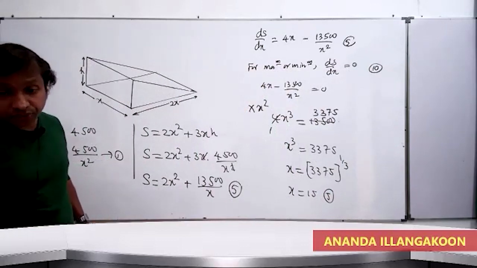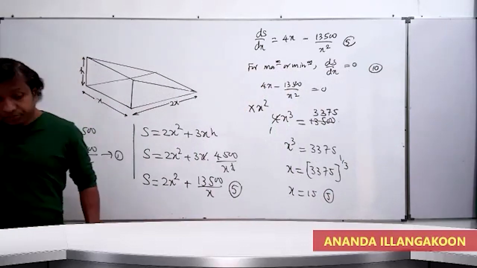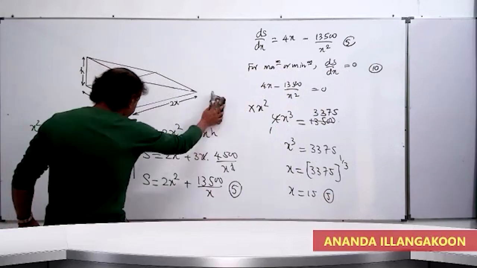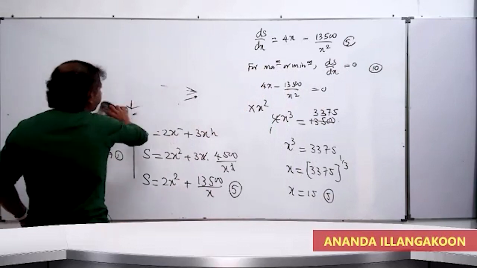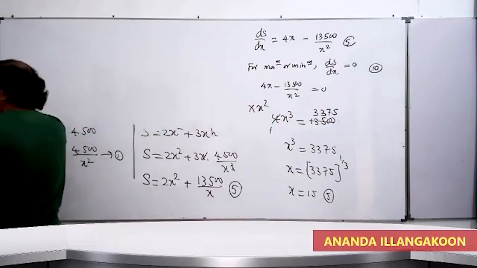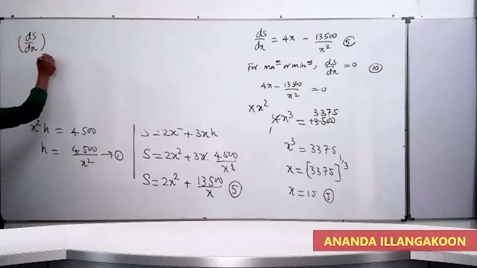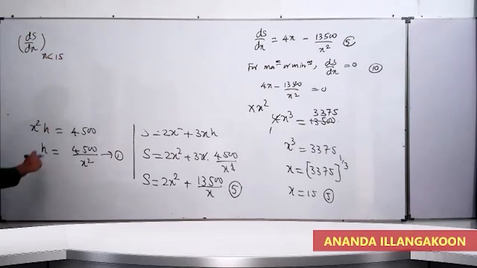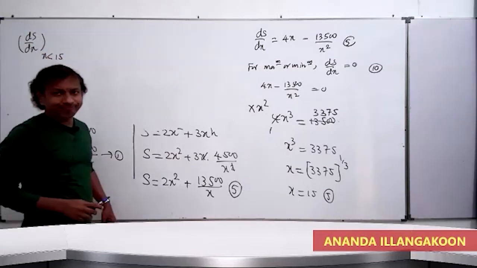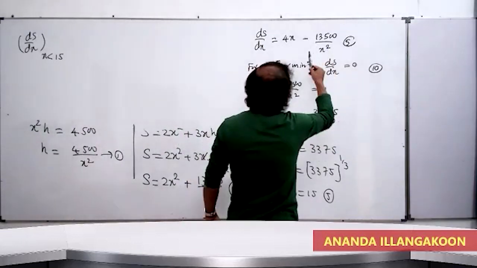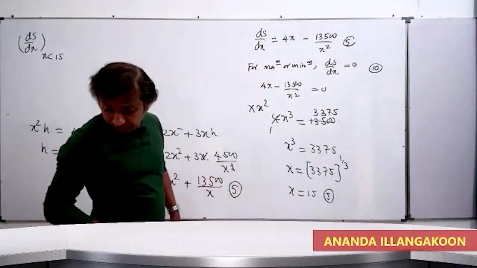Then find the sign of dS by dx. For dS by dx, the sign when x is less than 15, like put 10. We have to prove this is a minimum, no?